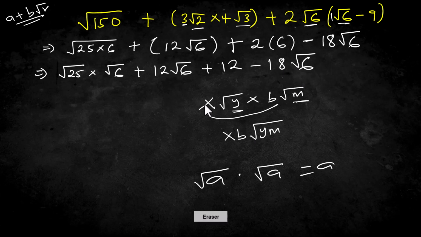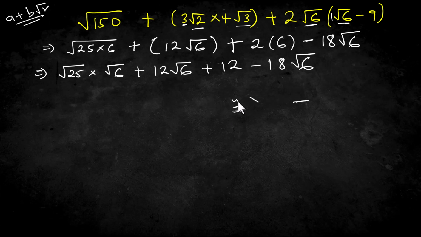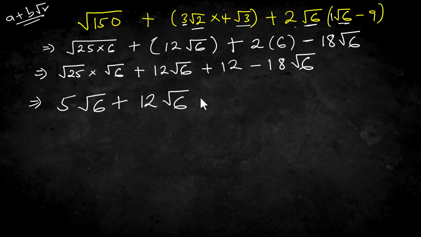All right, so this one is a perfect square, so we have 5 times root 6, so 5 root 6 plus 12 root 6 plus 12 minus 18 root 6.